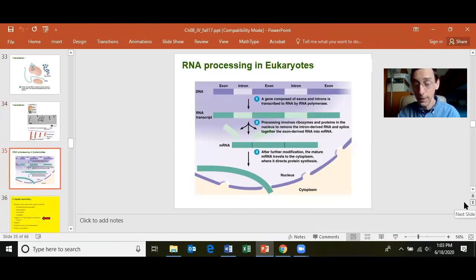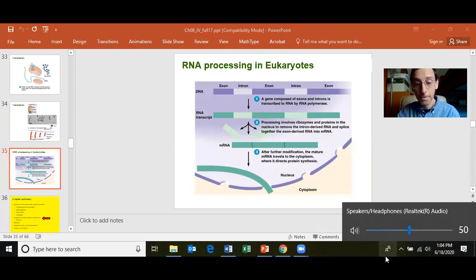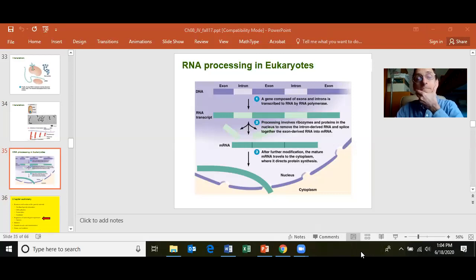In eukaryotes, the RNA is transcribed in the nucleus, which doesn't happen in prokaryotes. The genes of eukaryotes have introns, so there are regions of the gene that are transcribed as messenger RNA which do not code for protein.